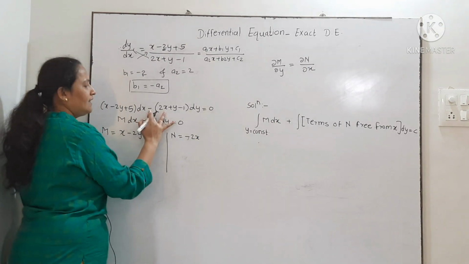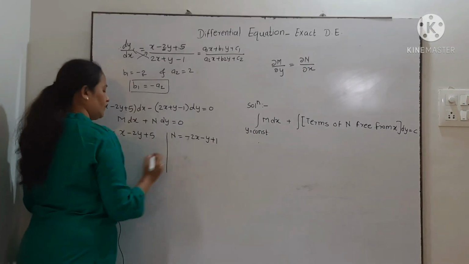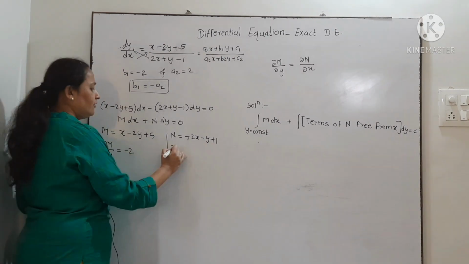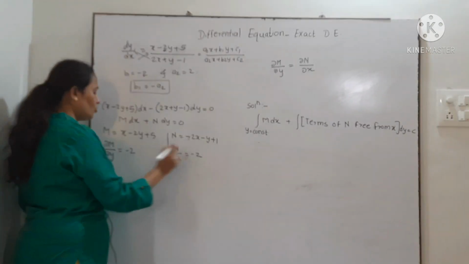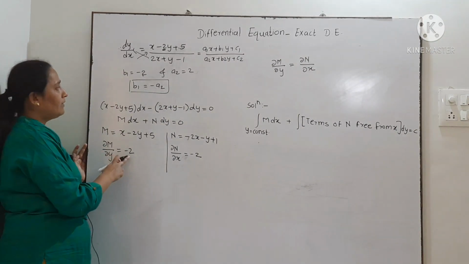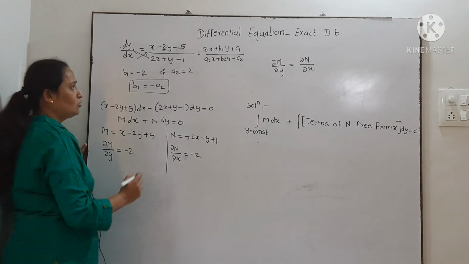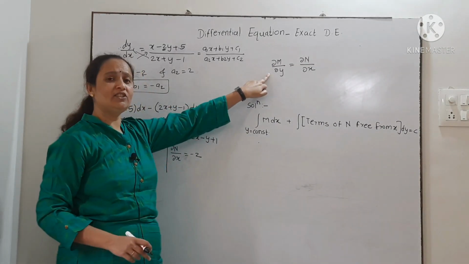Take this minus sign inside the bracket: minus 2x minus y plus 1. Now if I find the derivative of M with respect to y, it is minus 2, and the derivative of N with respect to x, it is again minus 2. So ∂M/∂y is minus 2 as well as ∂N/∂x is also minus 2. So we can say that the condition of exactness is satisfied.